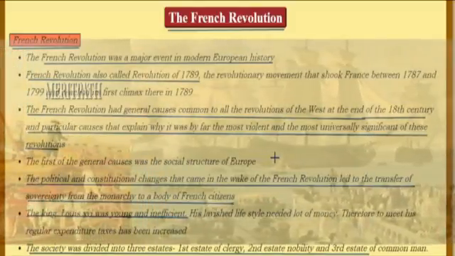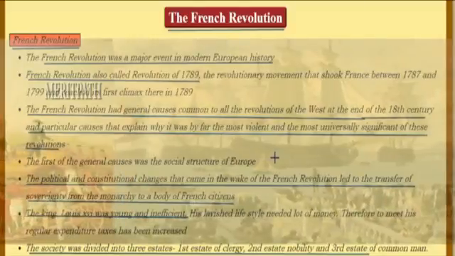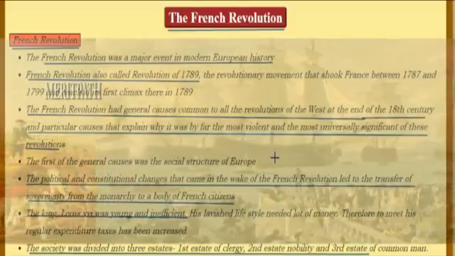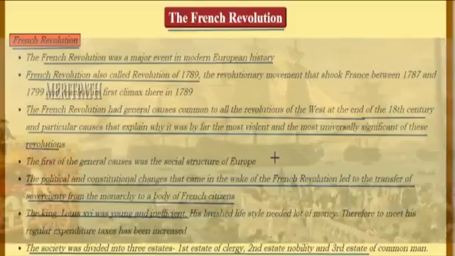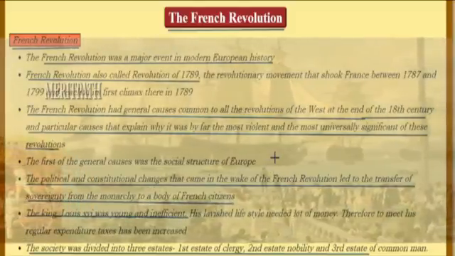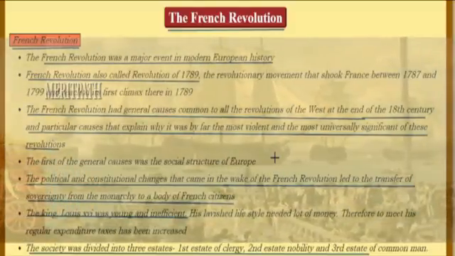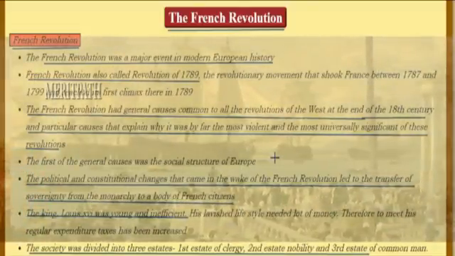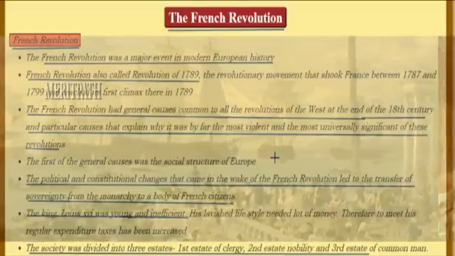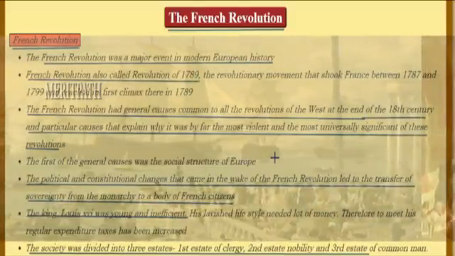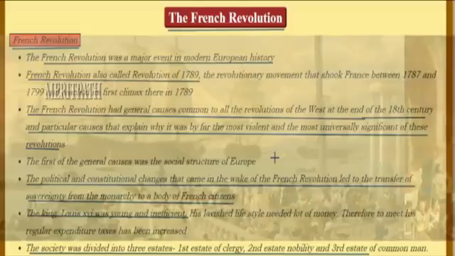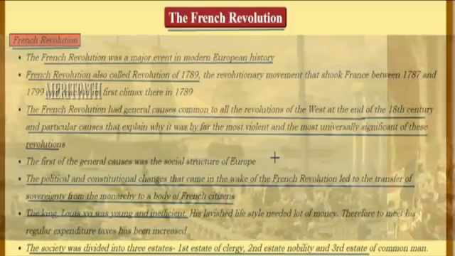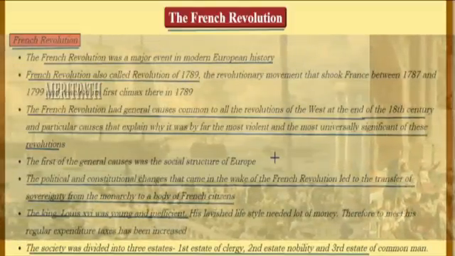The French Revolution had general causes which were common to the revolutions of the West at the end of the 18th century, and particular causes that explain why it was by far the most violent and the most universally significant of these revolutions. The first of the general causes was the social structure of Europe.